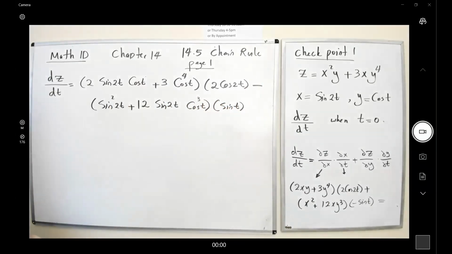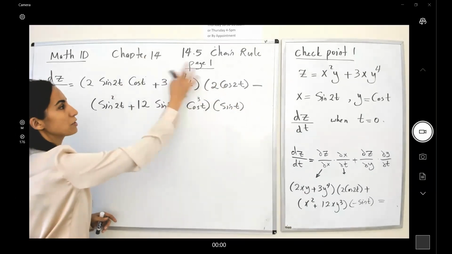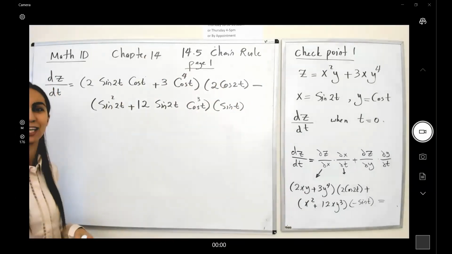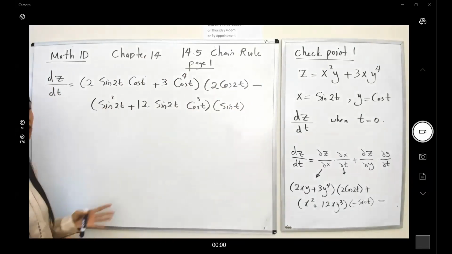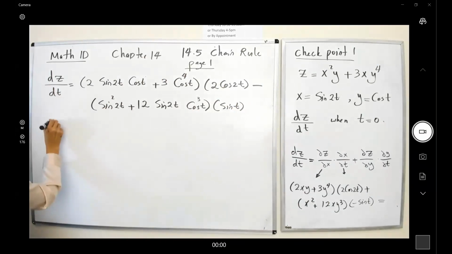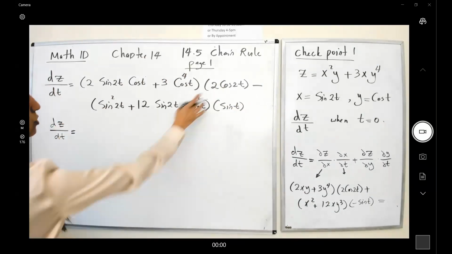Well, here you can distribute these into parentheses and try to find if you have a common factor, to simplify the expression. dz dt is equal to, so let's distribute.